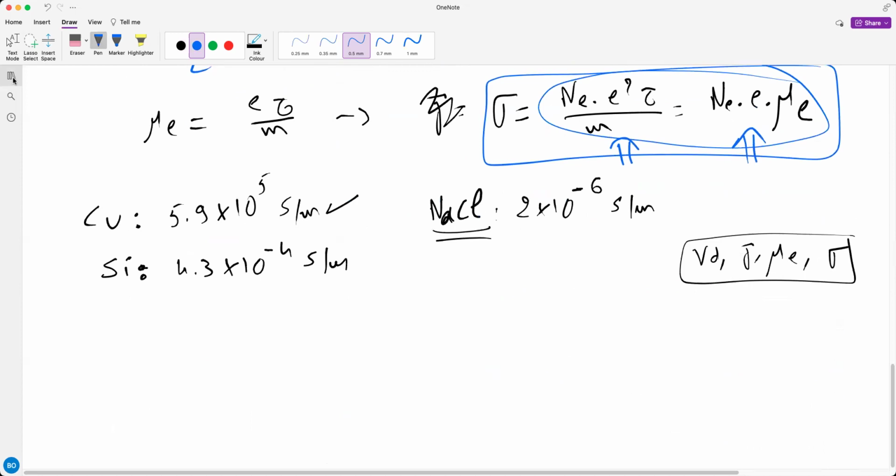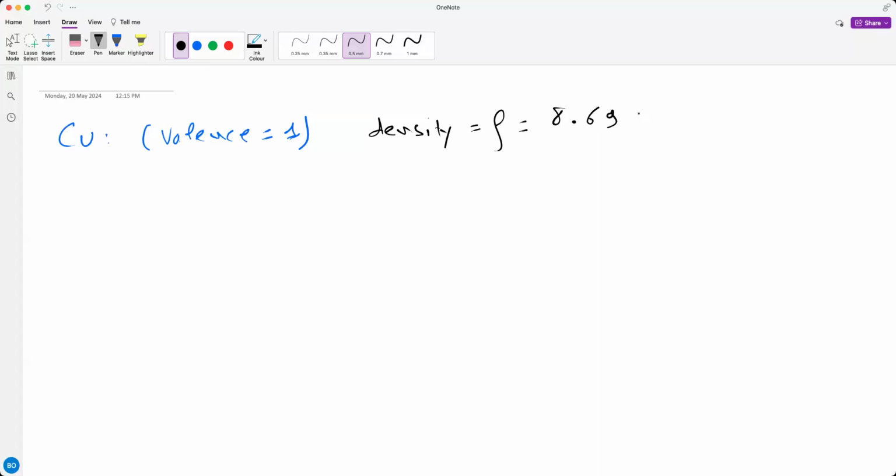Now, let's give an example. Let's consider copper with a valence of 1. I will tell you what is the meaning of the valence. Copper has a density rho equal to 8.69 gram per cubic centimeter.